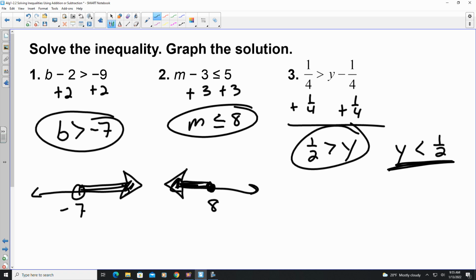So this is just a way of helping me see where the shading needs to go a bit easier on the graph. It's an open circle, variable on the left-hand side. I got an arrow pointing to the left. That is where I'm going with this graph.